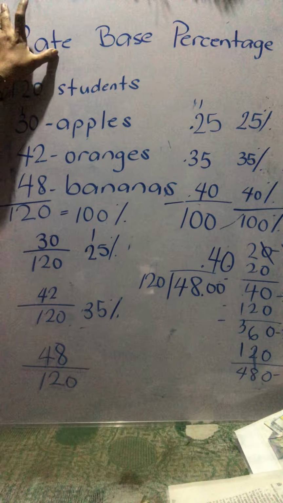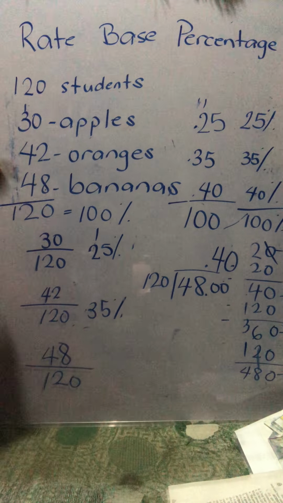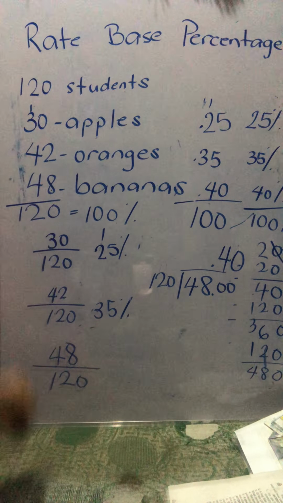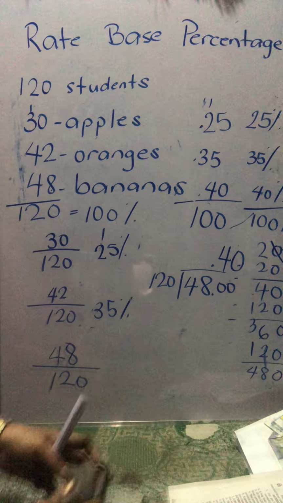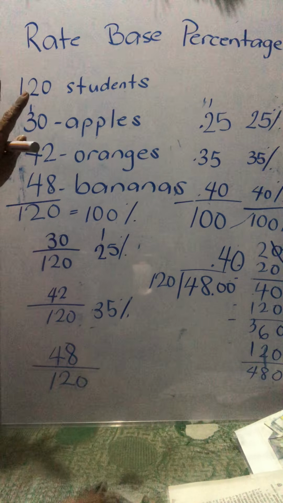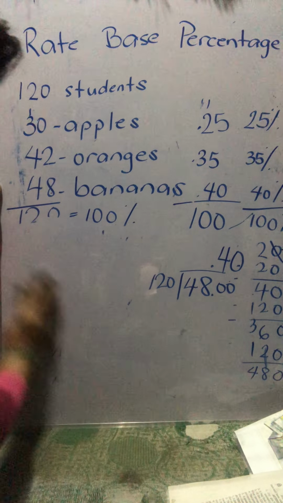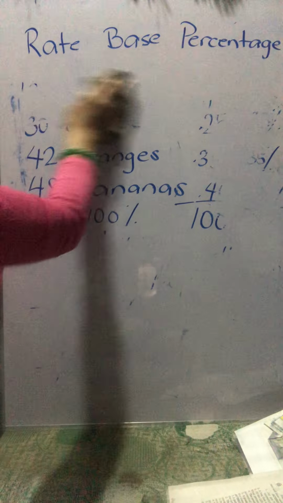Okay, so ito yung rate ninyo. And then here, sa pagkaka-divide niya, ito yung kanyang percentage. Okay, so ganun kayo kukuha ng percent. And how are you going to get the percentage of a whole number?